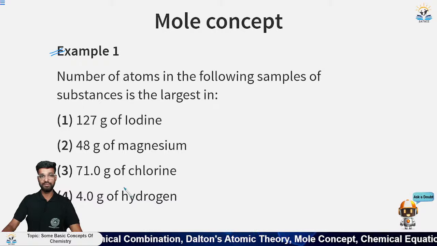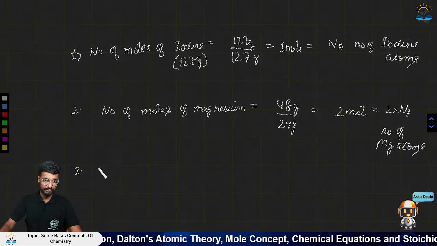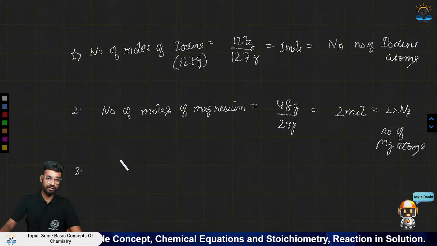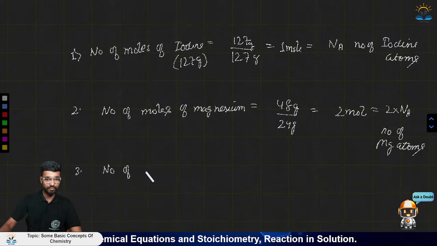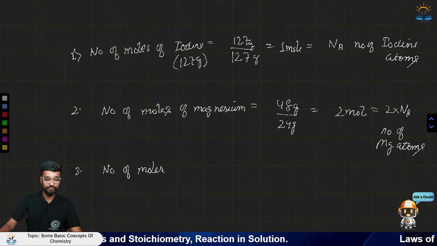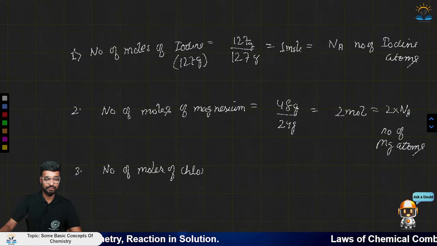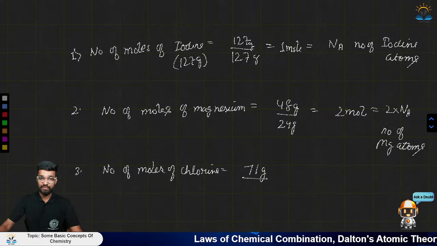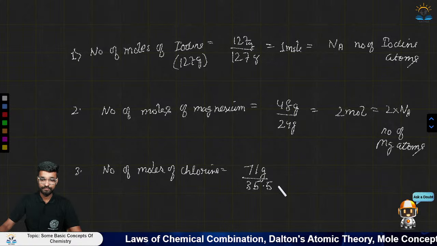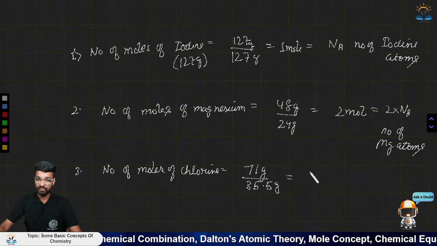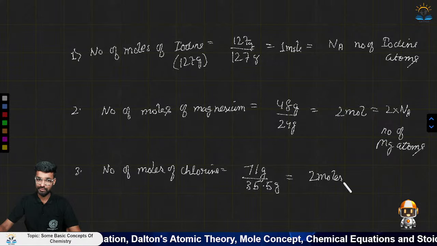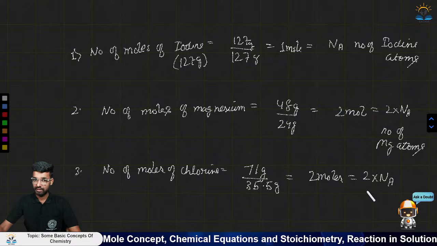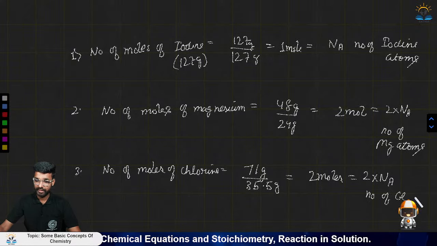Next is 71 gram of chlorine. We will calculate the number of moles for chlorine also. Chlorine has an atomic mass of 35.5, so it will be simply 2 moles, that is 2 into Na number of chlorine atoms.